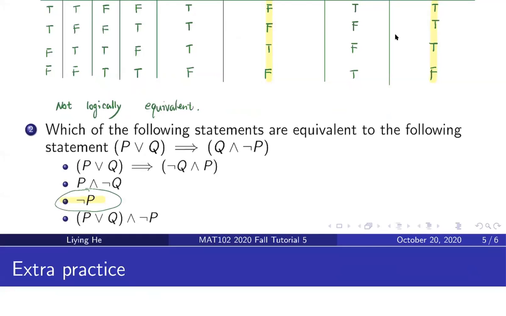If we have P if and only if Q, and you don't remember the table for this, but you do remember what P implies Q is. Well, P if and only if Q is the same as P implies Q and Q implies P.